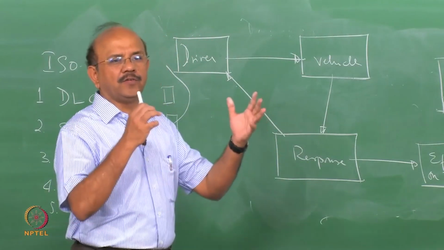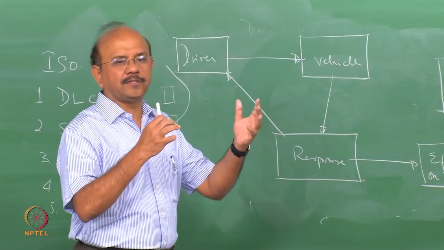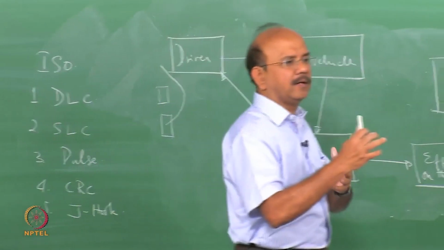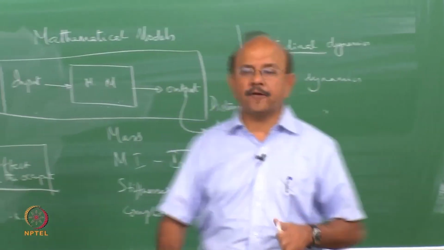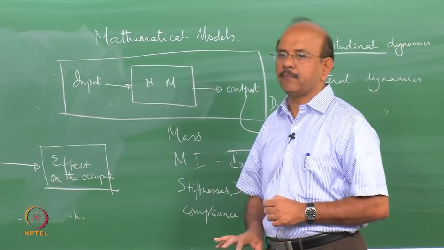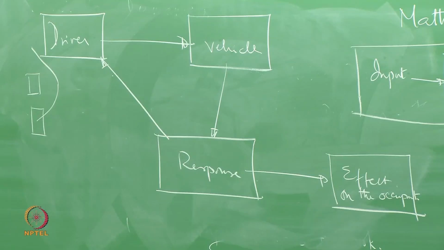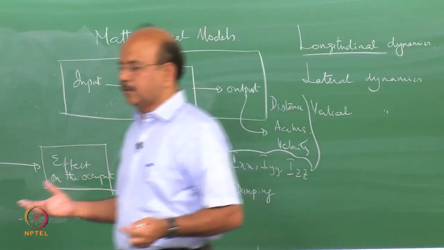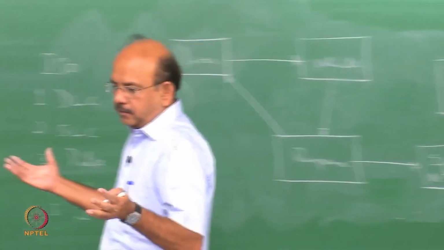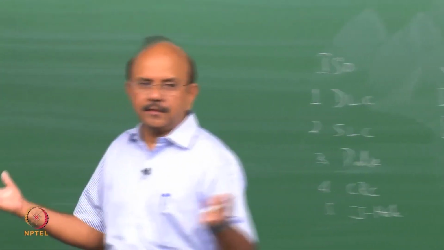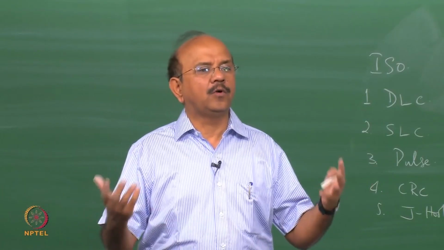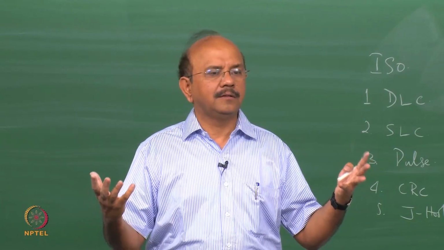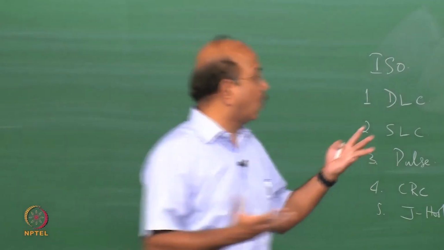If he wants to reduce or increase the velocity, he presses the brake pedal, that I can understand. But you are talking about the effect on the occupants. So, for example, I want to be comfortable sitting in the back seat and enjoying my ride. How do these outputs give me that feeling of goodness?